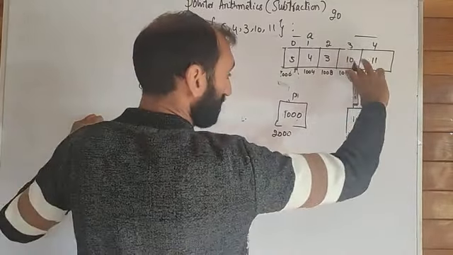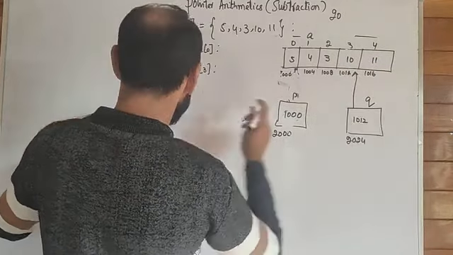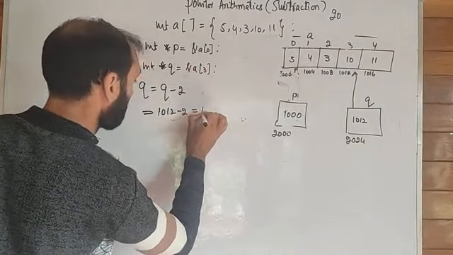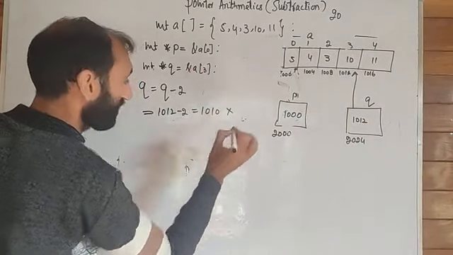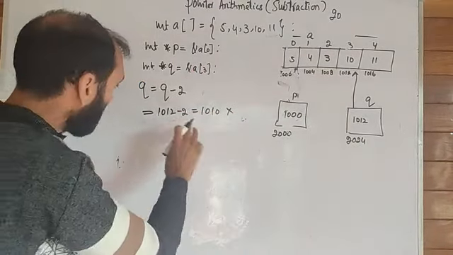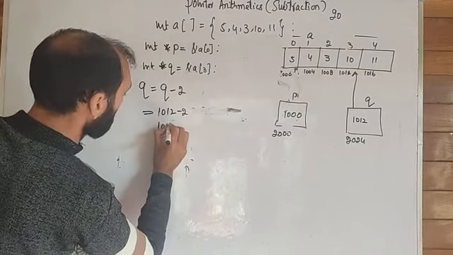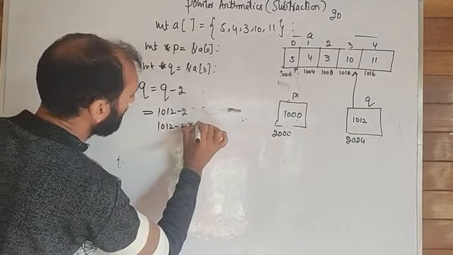Now minus 2. Is it 1010? No, it is wrong. We have to apply that formula: 1012 minus 2 into size of data type.